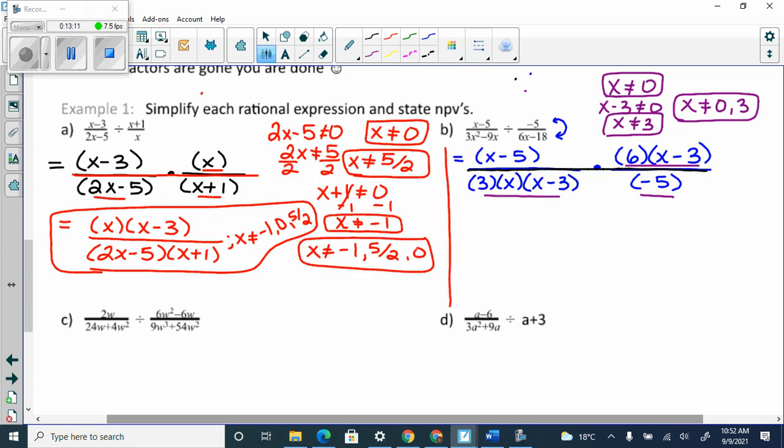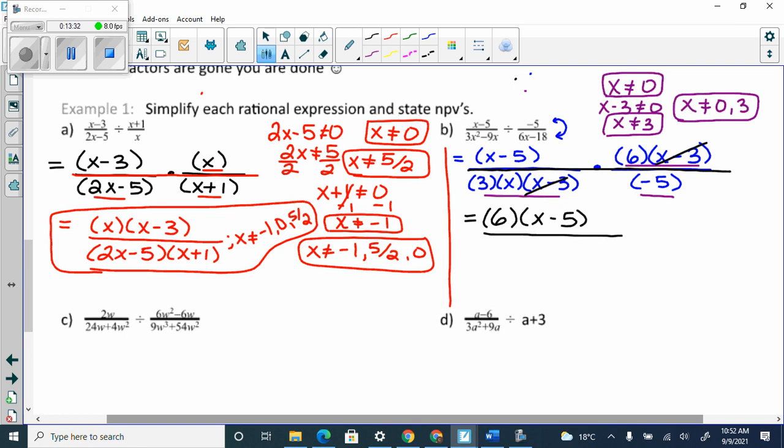We're going to draw a line. These cancel. Like I said, I just do the numbers in front and do an extra step. So I'm going to go 6, x minus 5. Can this minus 5 and the negative 5 by itself cancel? No, because x minus 5 is attached, right?